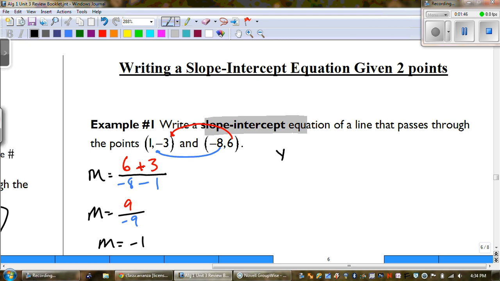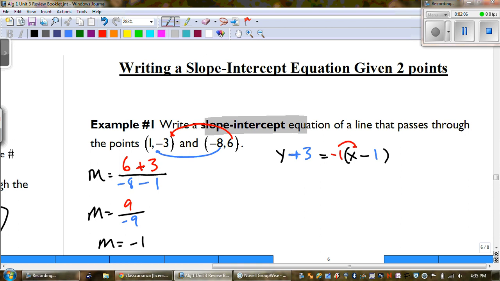So we found the slope, and now the next thing we have to do is plug it into point slope, okay? Our slope is -1. You can use any point you want to. I'm going to use the 3 and 1. Okay.